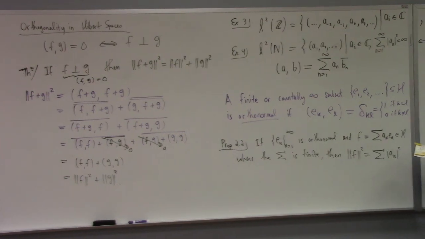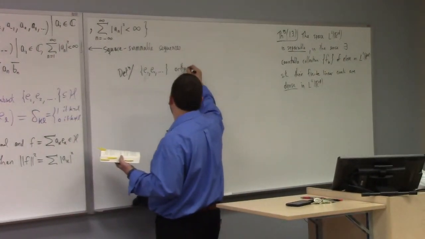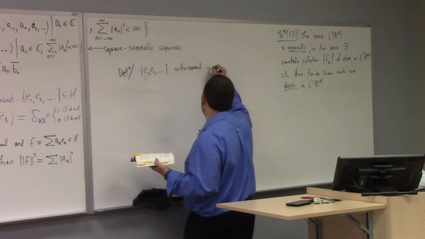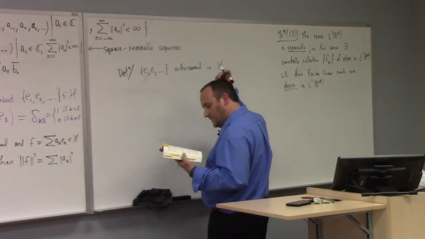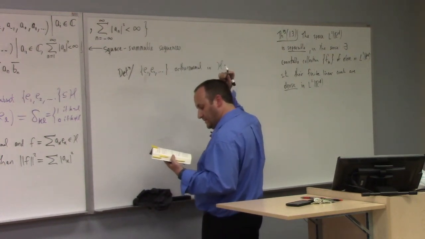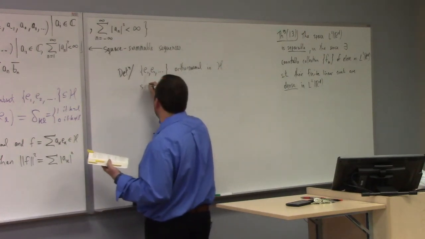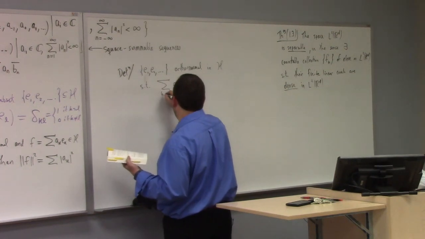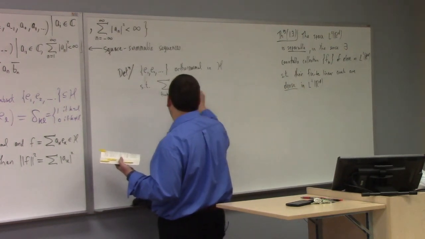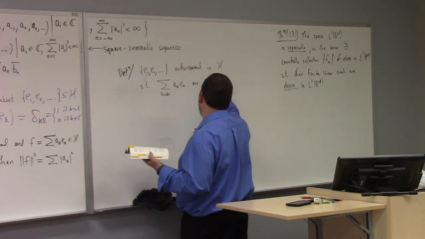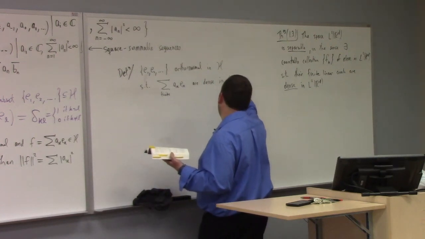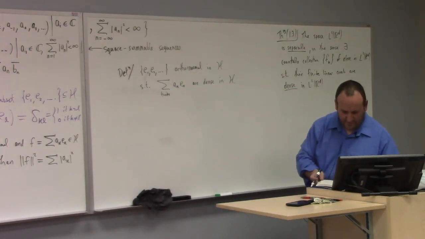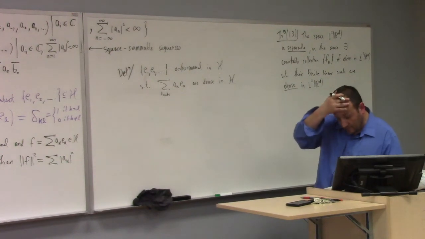E1, E2, and so on, orthonormal in H, such that... so what would it mean to say that the finite linear combinations are dense in H?